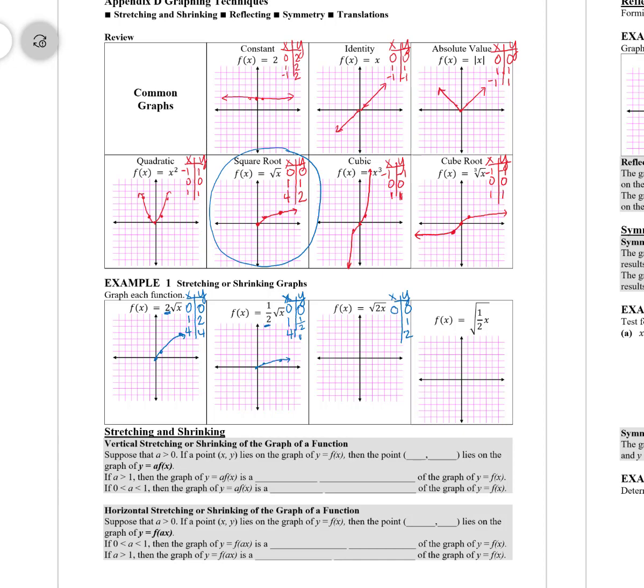If I plug in 1 for y, then x would have to be 1/2, because 2 times 1/2 is 1. And if y is 2, x would have to be 2, because 2 times 2 is 4, the square root of 4 is 2. Now if we plot the points, we have 0, 0, and then 1/2, 1, and then 2, 2.